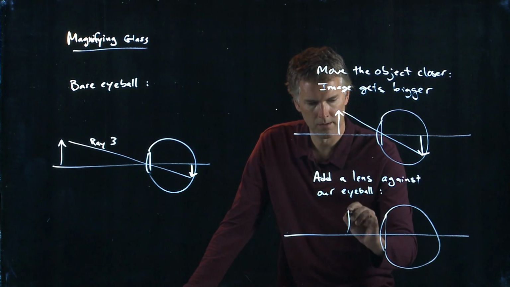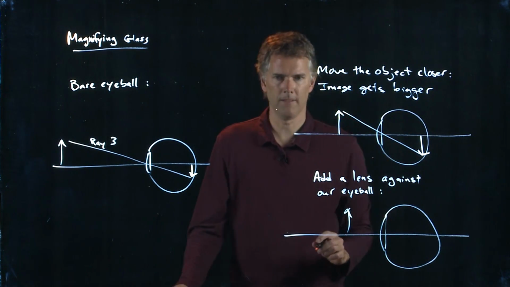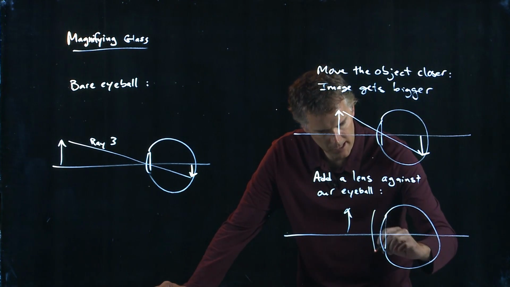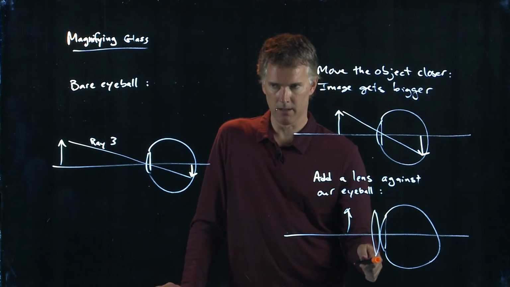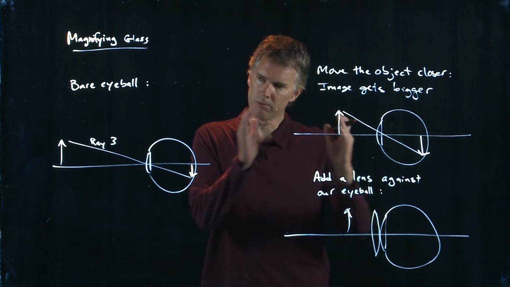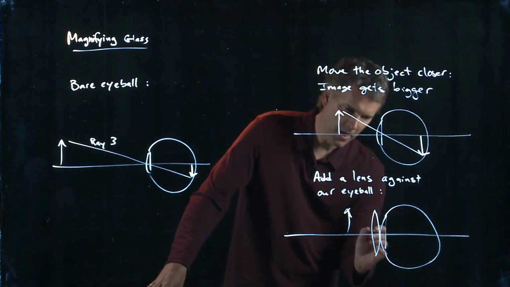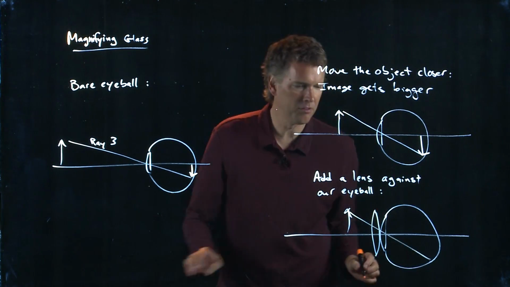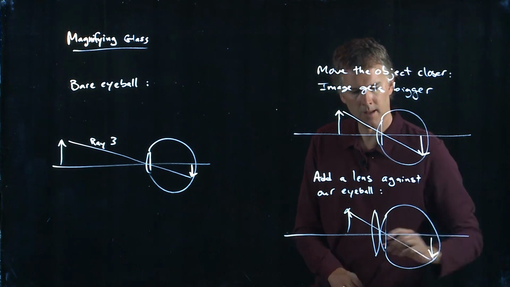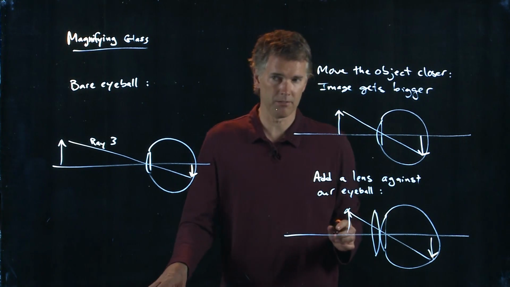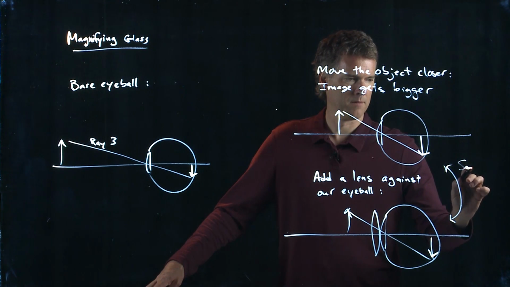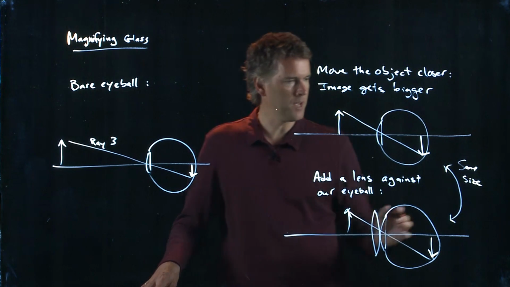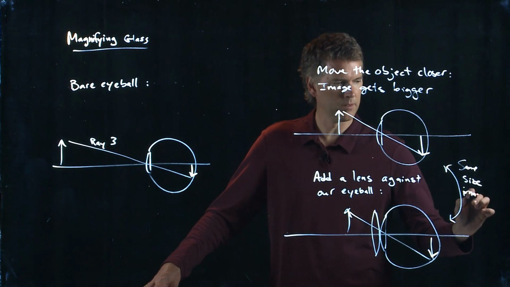Here's the object, same position. And now let's put an extra lens right there. That's our magnifying glass. And if it's right up against our eyeball, then the ray 3 follows the same trajectory and it's the exact same size. The image is the same size in both of these pictures.